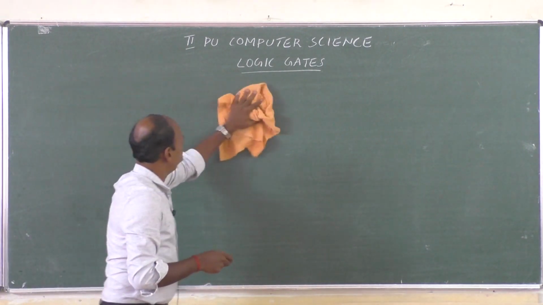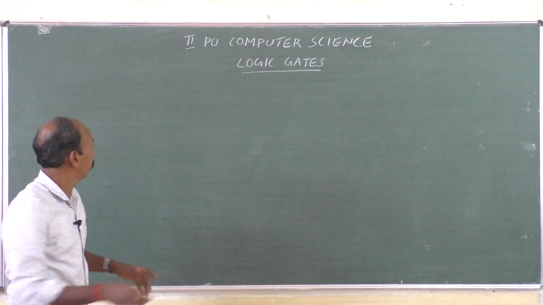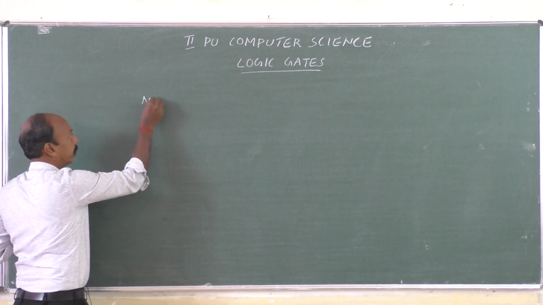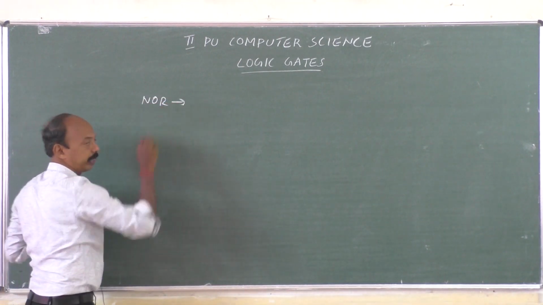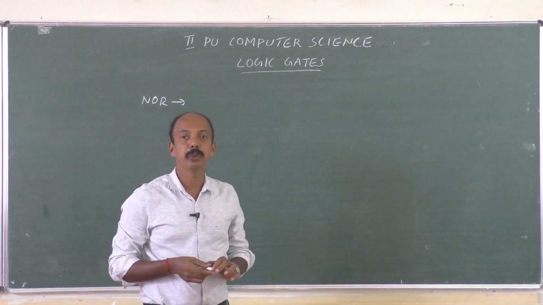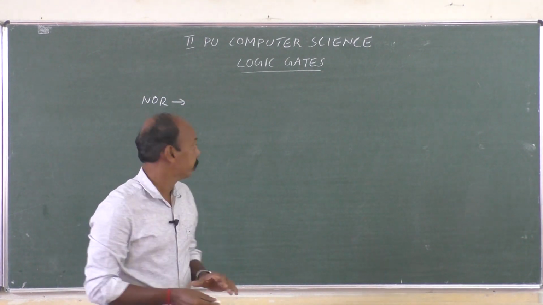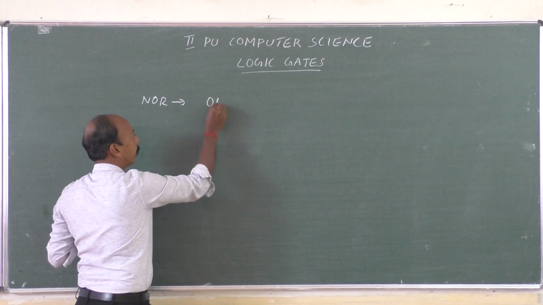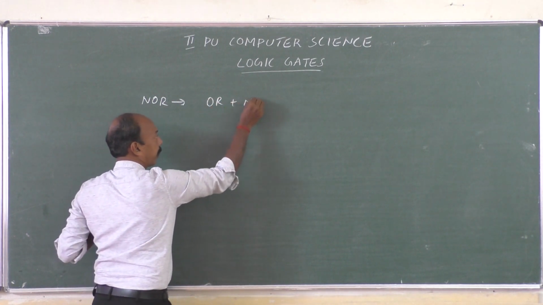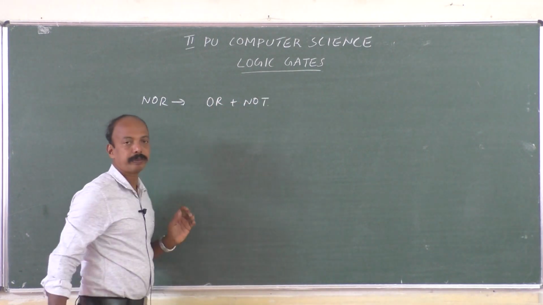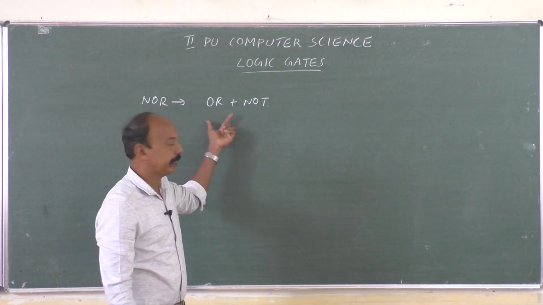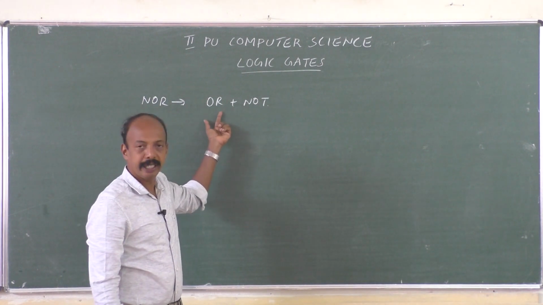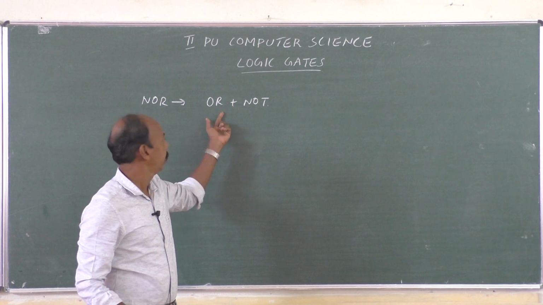Today we shall look into a NOR. So what is a NOR gate? Even this is the combination of two basic gates. Which are those? OR and NOT. The OR gate we have seen. In the case of an OR gate, at least two inputs should be there.